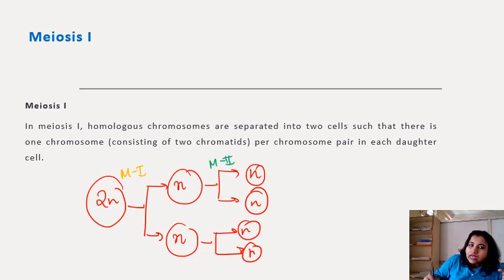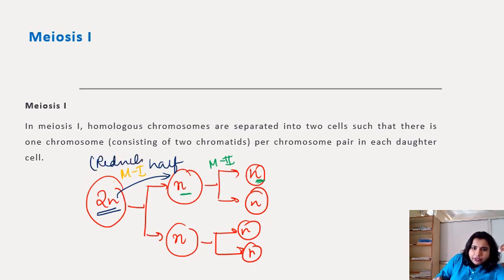So from this we can conclude that meiosis 1 is your reductional division and meiosis 2 is an equational division, because the number of chromosomes is similar here. But here, if you notice this part, the number of chromosomes gets reduced to half. So we call it what?